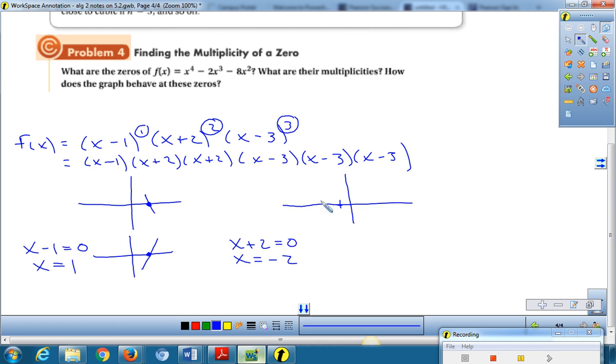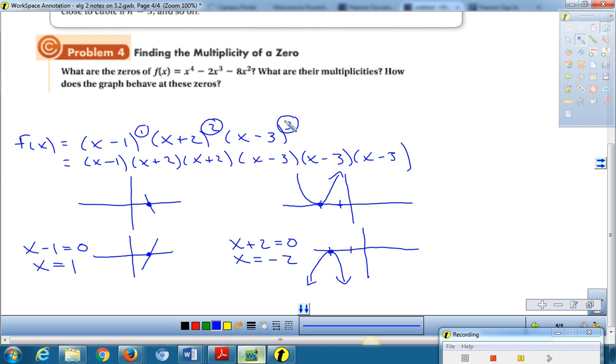Try that again. So at negative 2, it's going to come down and it's going to bounce off like a parabola. So it can either look like that, or it could have been from below and look like that. So if your factor is squared, then it's going to look like a parabola at the x-axis.